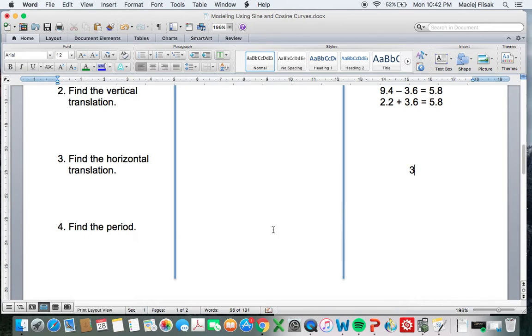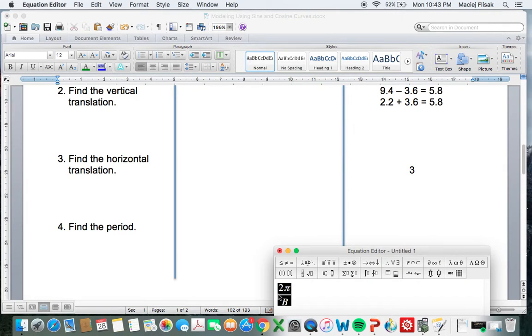Find the period. Okay, as we know, the period, I'm going to use P for period, equals, let me use the formula again here. Period equals 2 pi over b, all right? So let me copy that.